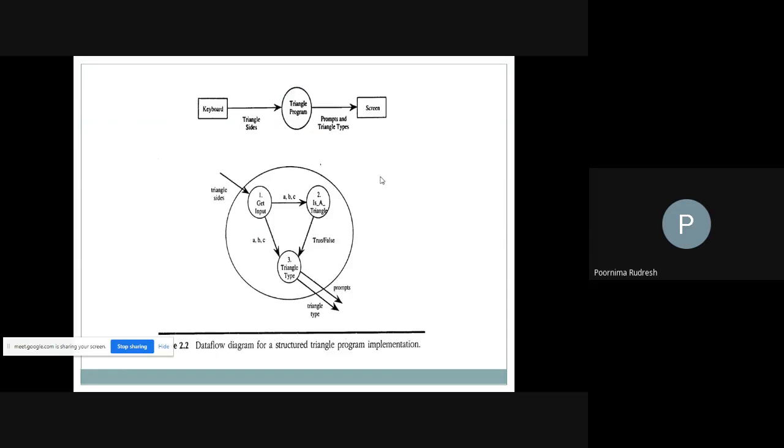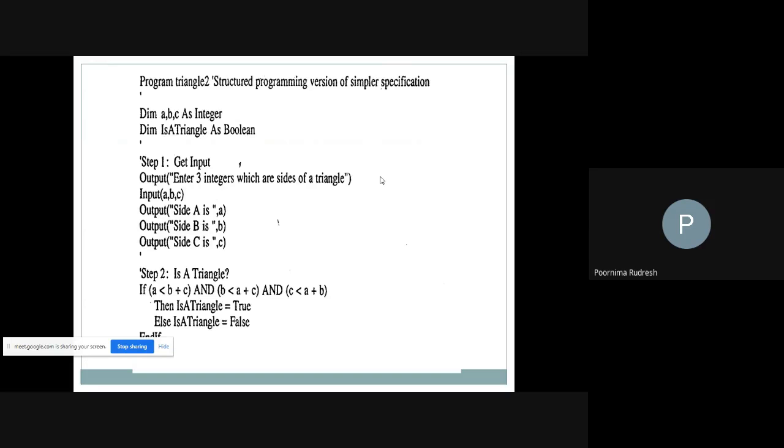That I explained with the help of the structural implementation as well as the traditional implementation technique, right? In the structural implementation technique, we are using the data flow diagram, and after that the pseudocode is also there, that I explained in the last class.